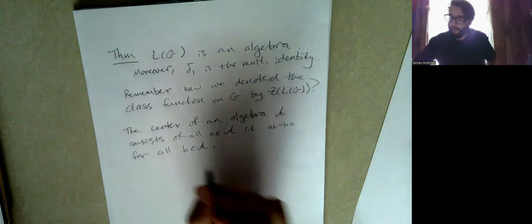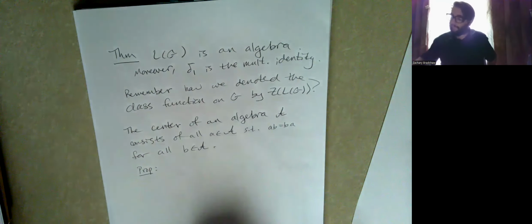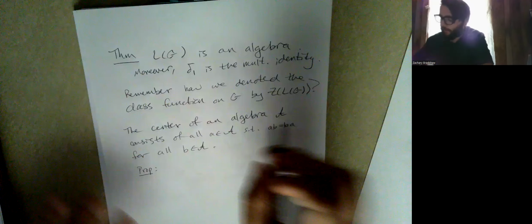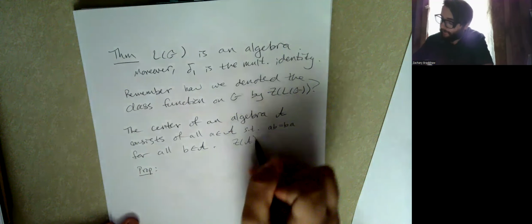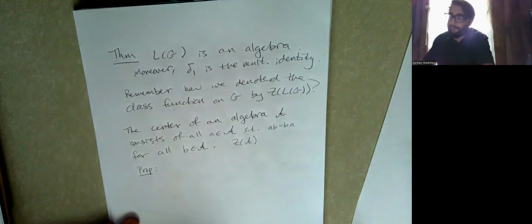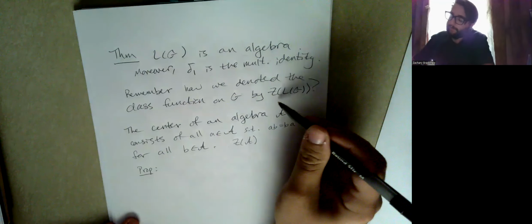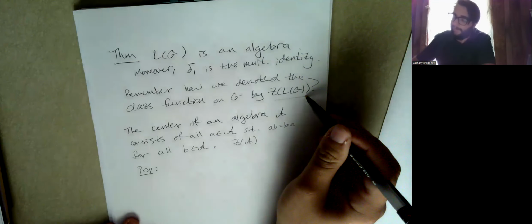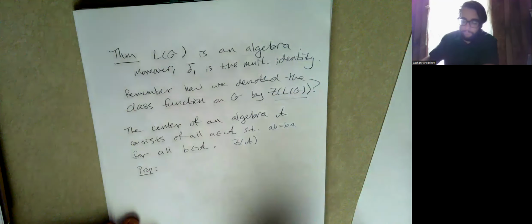And my claim now is that, sorry, I was supposed to mention that this is usually denoted Z of A. And my claim is that this notation is now unambiguous, meaning that the center of the group algebra is indeed the set of all class functions.